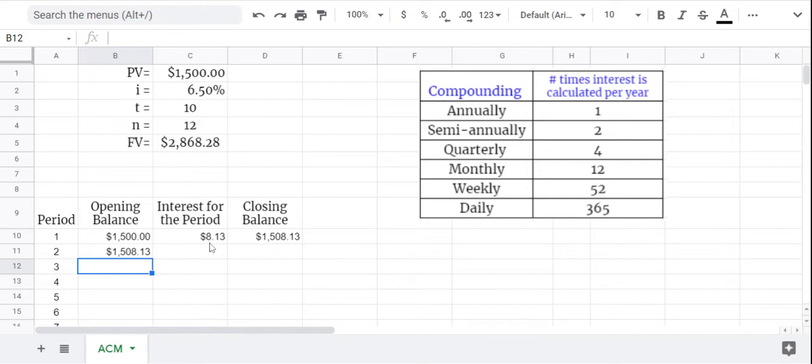So instead of copying it every time, this is what I'm going to do. I'm going to go to the first period, and I need you to follow this. Every cell that we have entered so far, like C2, C4, B10, are cells that are considered relative addresses. And that means that if I copy something, it will copy relative to the address that I'm using.